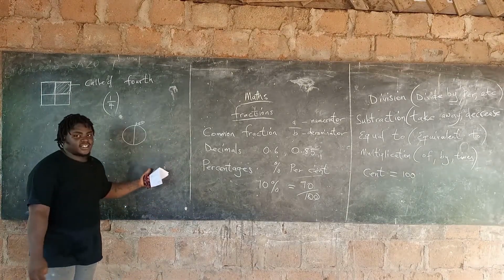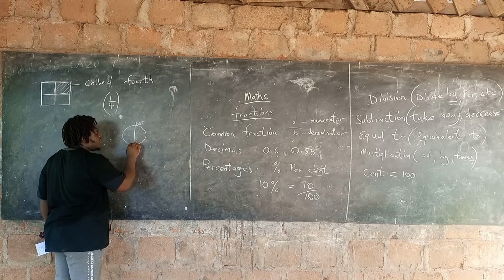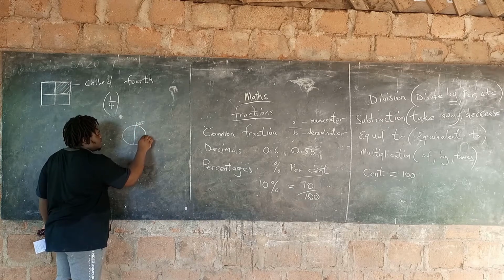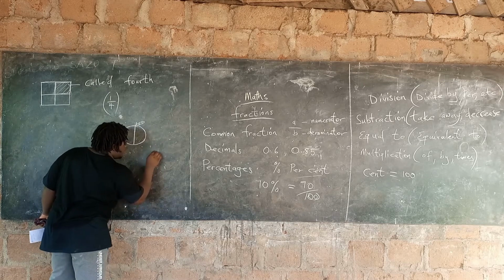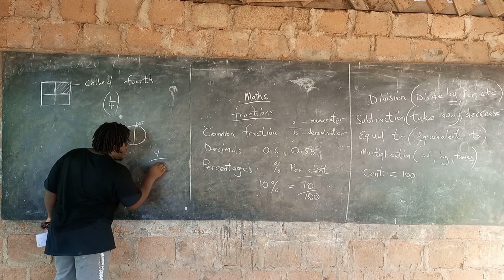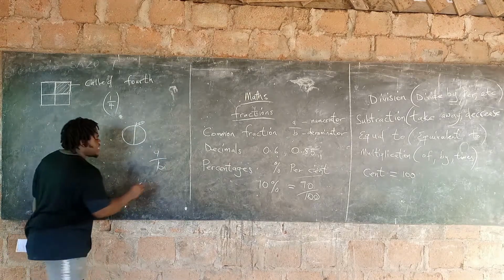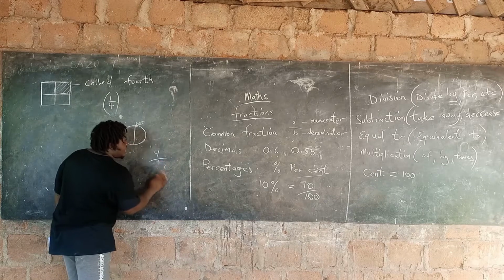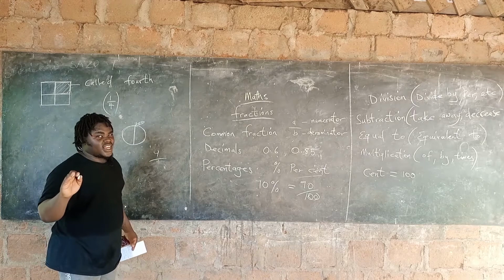So that is it. So when I give you, these are whole objects. Now, this is our common fraction. Like I'm saying, the denominator shows the number of equal parts that a whole object has been divided into.